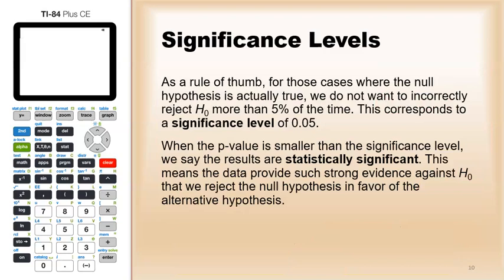As a rule of thumb, for those cases where the null hypothesis is actually true, we do not want to incorrectly reject the null hypothesis more than 5% of the time. So this corresponds to what we call a significance level of 0.05. And the rule we'll follow is that if the p-value is smaller than this significance level, then we say the results are statistically significant.